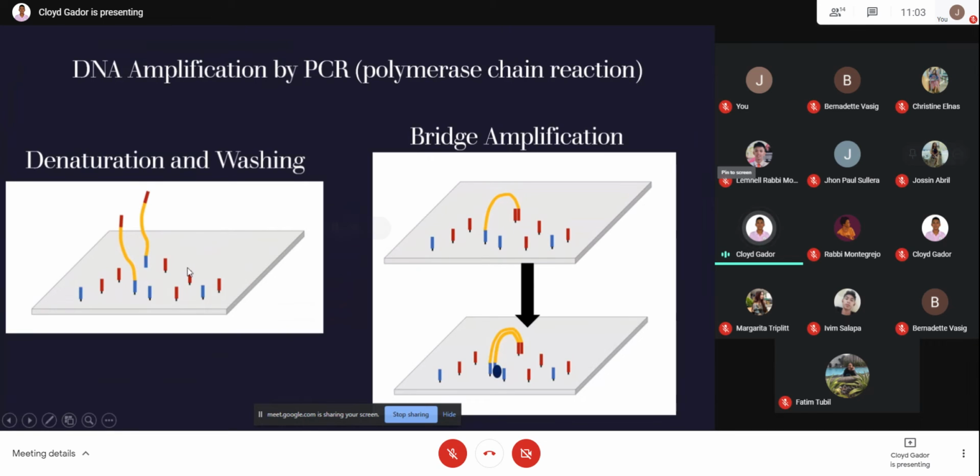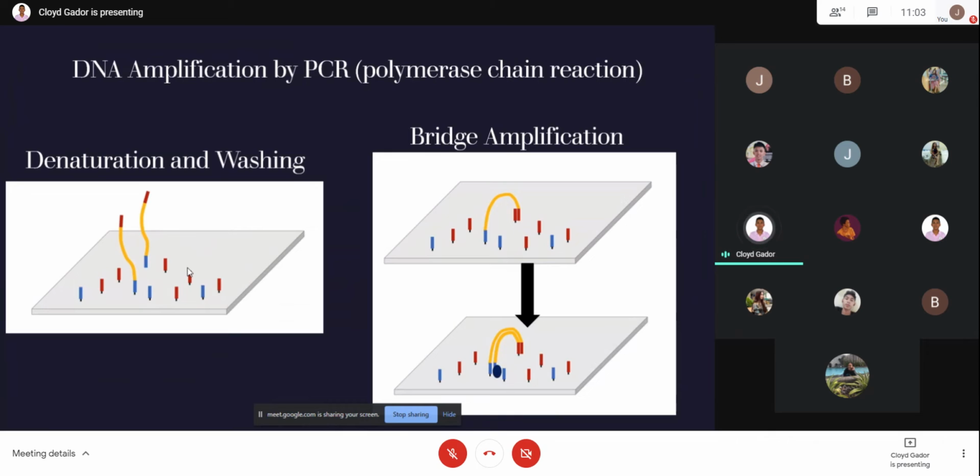So as you can see, we have two different oligonucleotides here, and the second type of oligonucleotide will now hybridize to one of the sticky oligonucleotides on the plate.